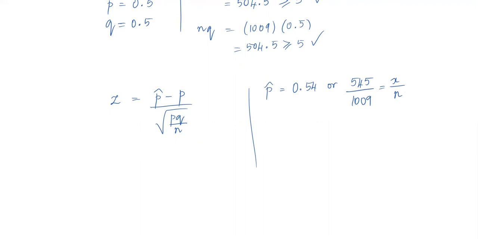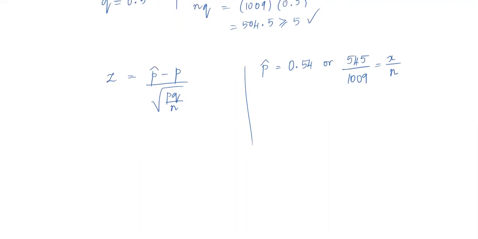If they didn't give you the percentage right away, if they just told you the number of people who answered no, then you would write the X over N format to get your P hat. P is 0.5. Q is also 0.5 because it's 1 minus P. And N is 1009. Plug them in.